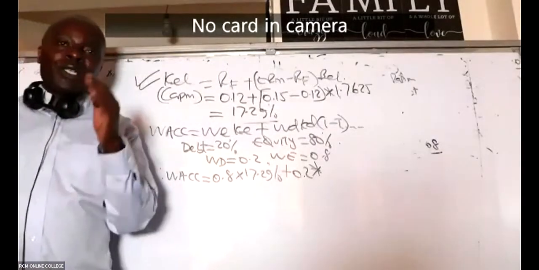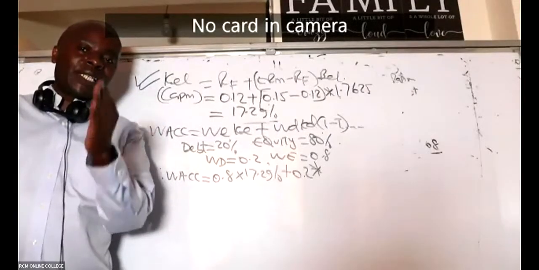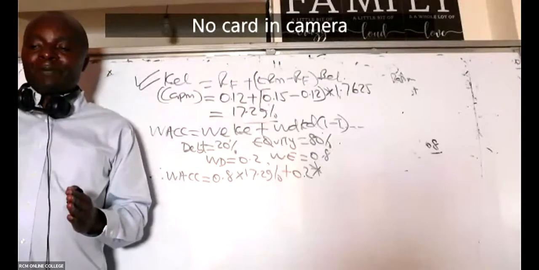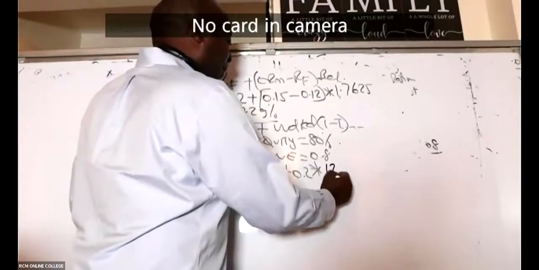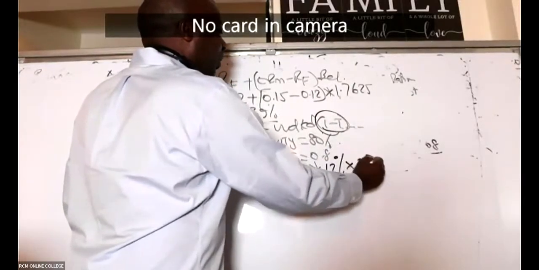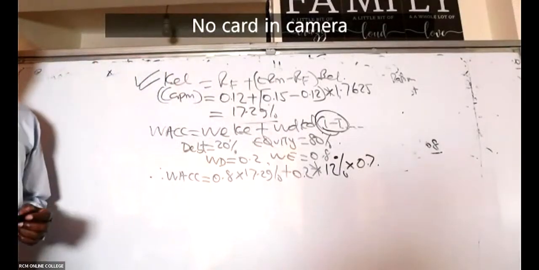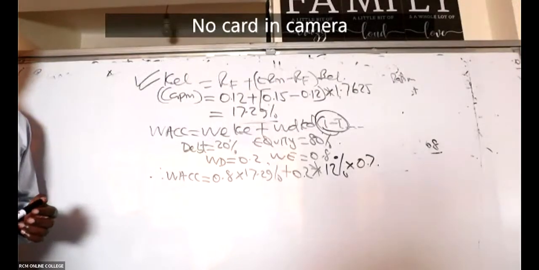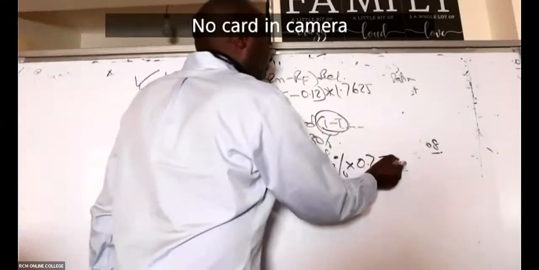Remember, when cost of debt is not given, it shall always be taken to be the risk-free rate, because debt is secured. Risk-free, yes, thanks. So the risk-free rate is 12%, times 1 minus tax, which is 0.7. That gives 15.51%.